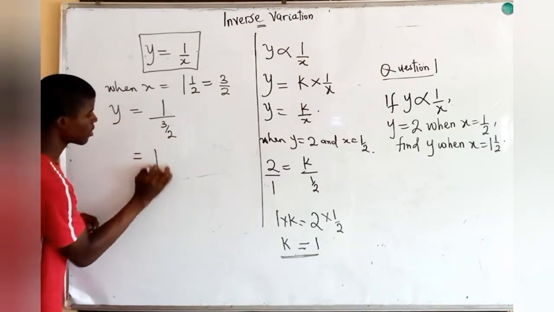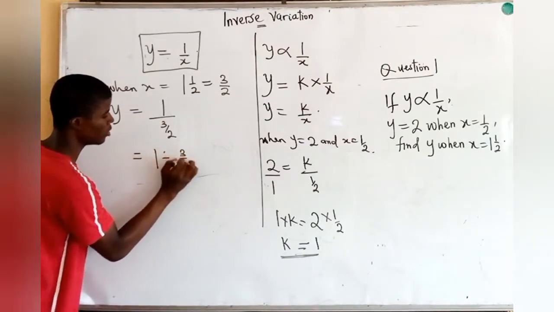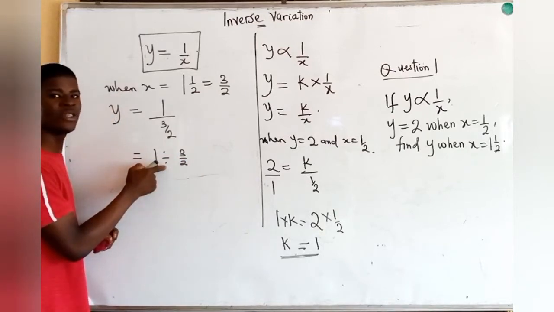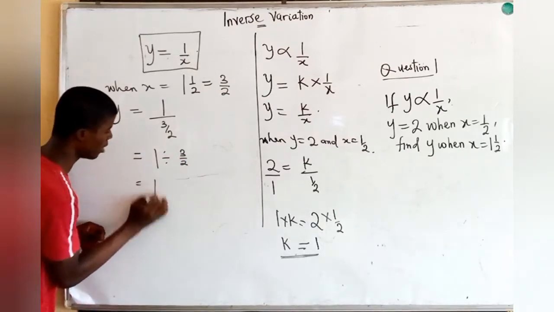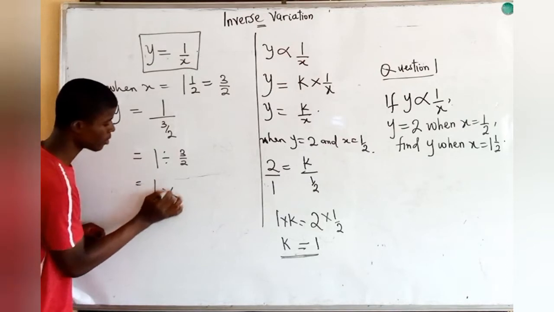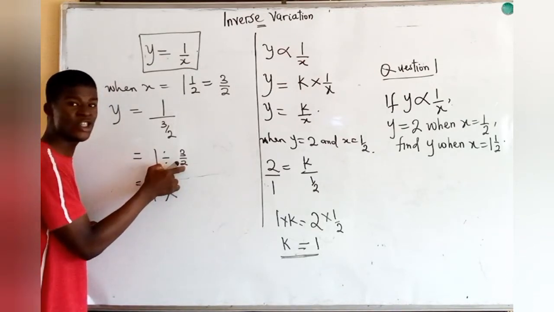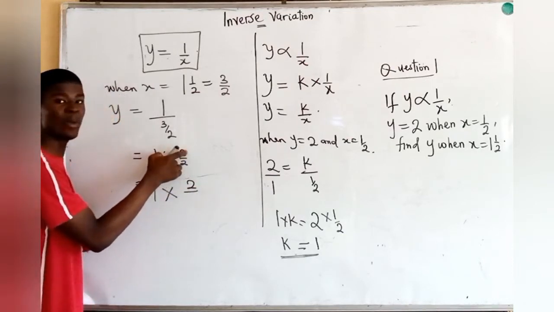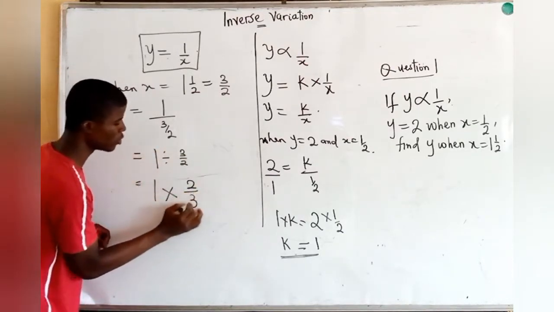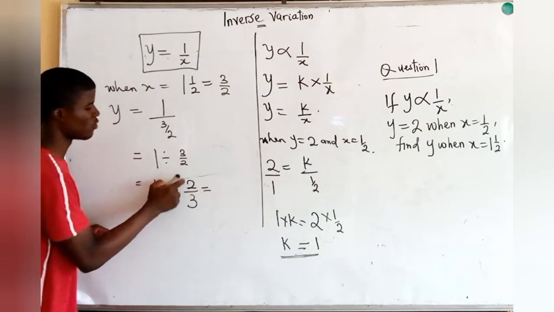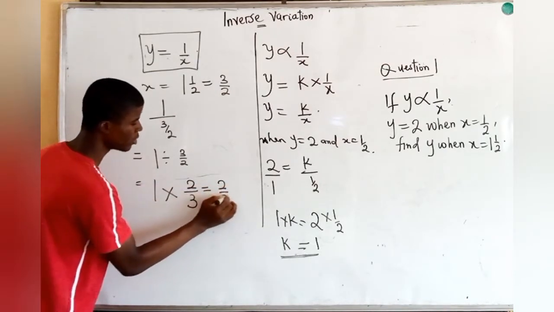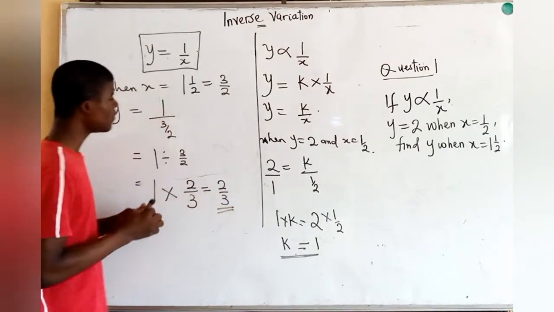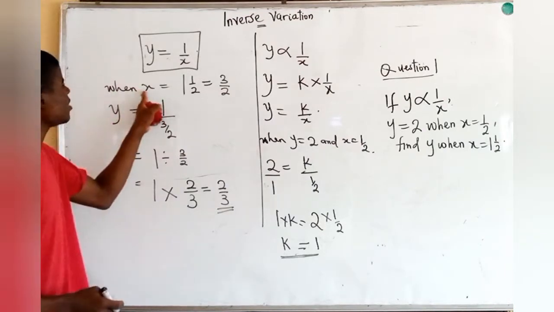I have 1 divided by 3 over 2. I'm going to remove this division sign. I turn it to multiplication, then this 2, which is the denominator, will serve as the numerator, and this 3, which is the numerator, will serve as the denominator. So this is what I have: 1 times 2 over 3, that's 2 over 3. So the value of y when x is what?